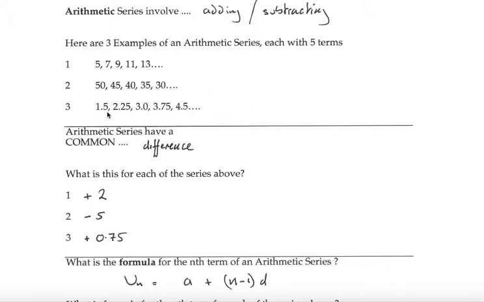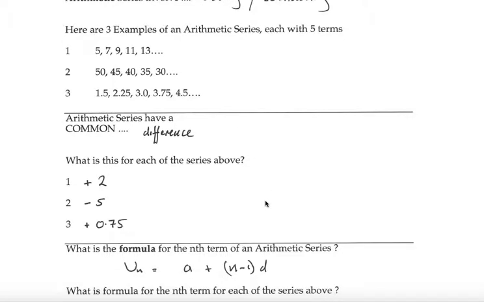If I wanted the 100th term of this series, it would be 1.5, my starting place, plus 99 lots of 0.75.